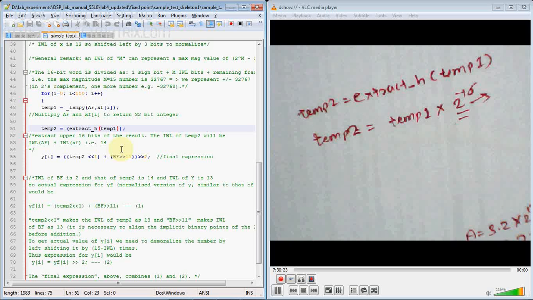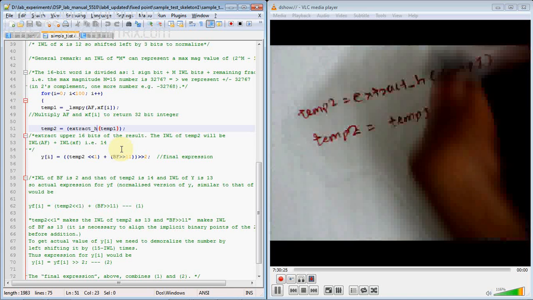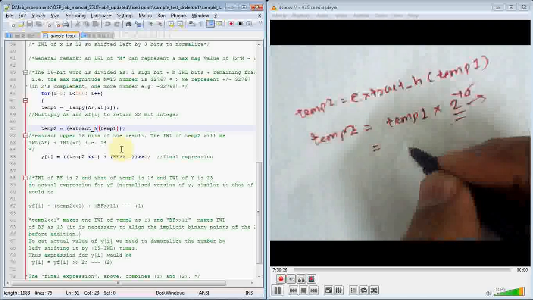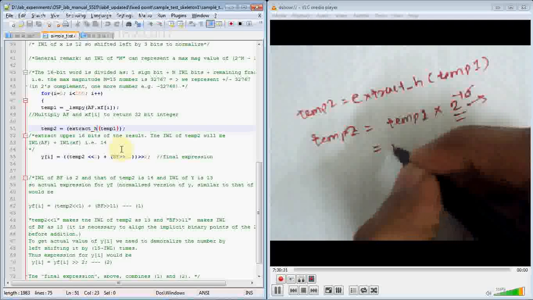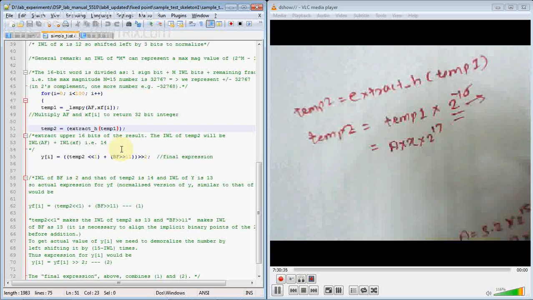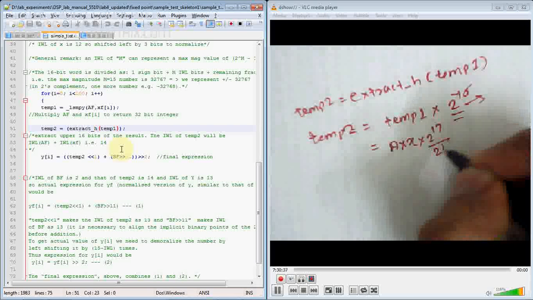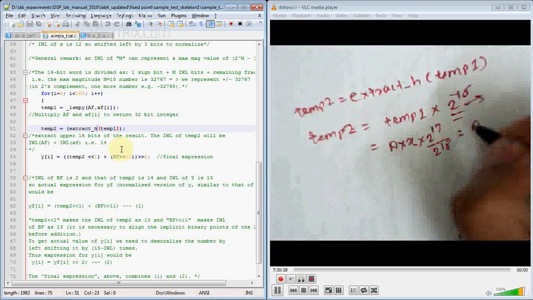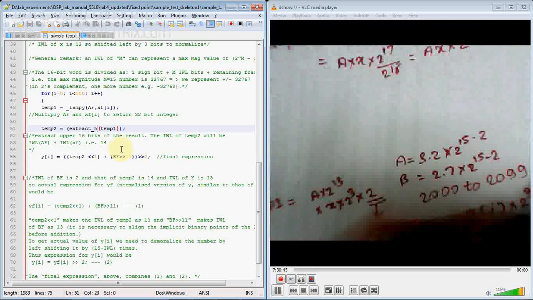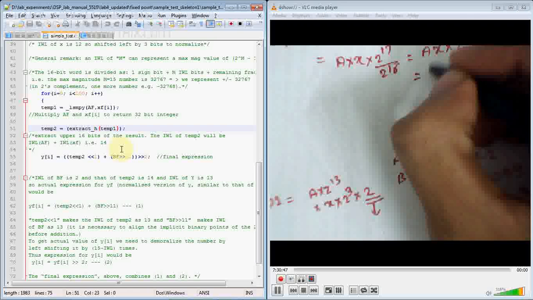This minus 16 is equivalent to shifting right 16 times. Putting the value of temp1 from the previous case, which is a into x into 2 power 17, divided by 2 power 16, this comes to be equal to a into 2x.